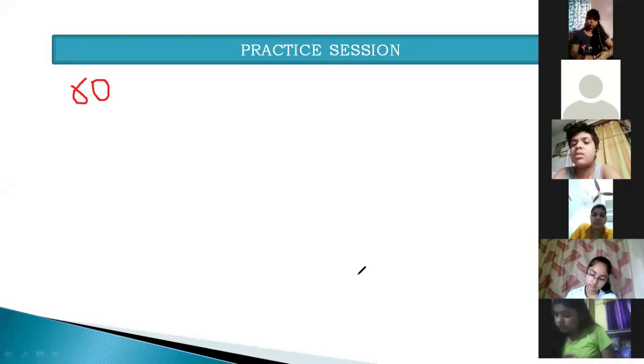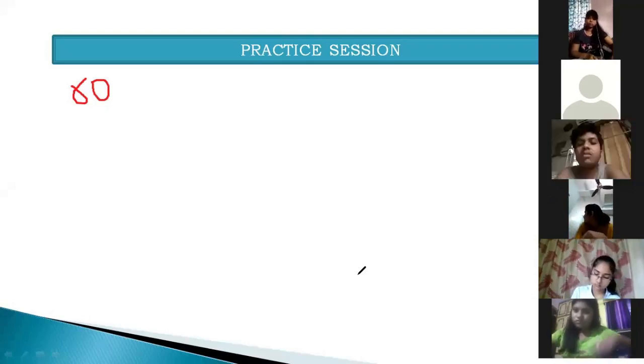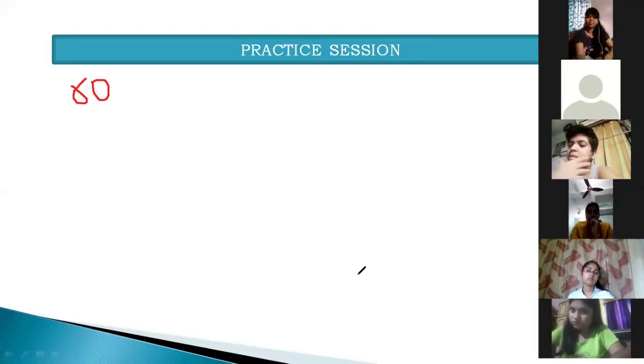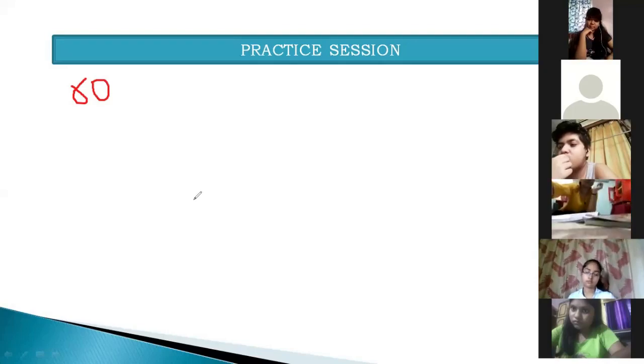Same with Abhinav. Manav is having the same answer. Don't rely on others. It may be possible that everyone would be wrong. So solve by yourself, and at last we will check who is having the correct answer.